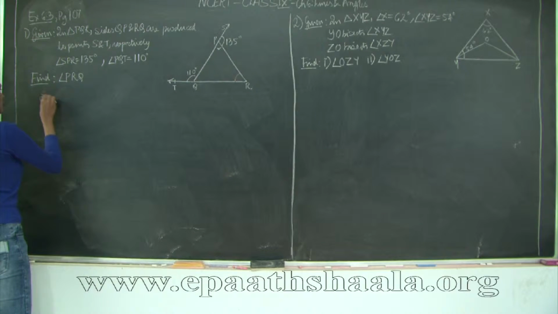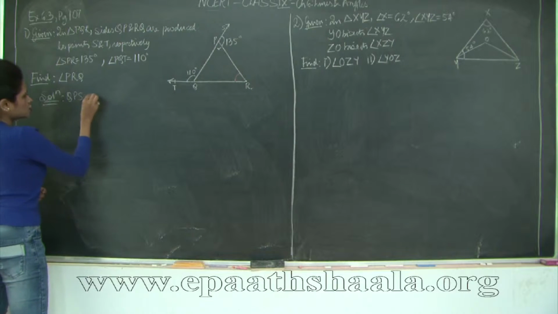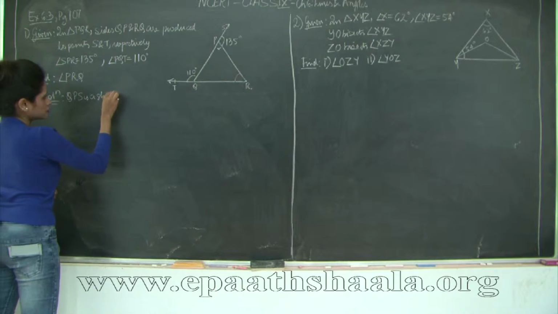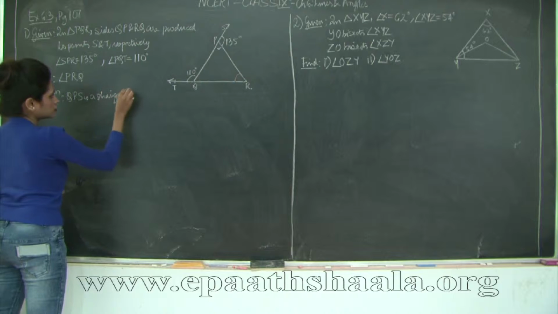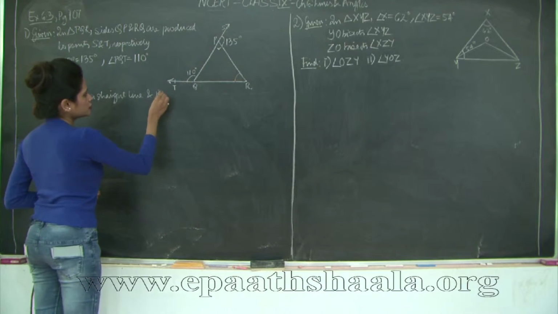So I'll say solution. QPS is a straight line and PR stands on it.